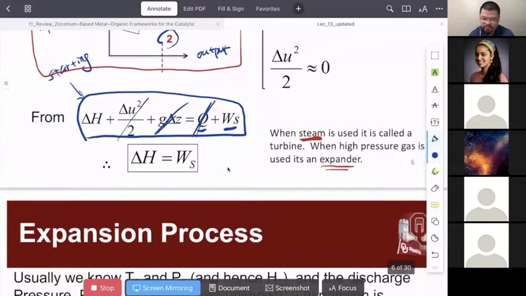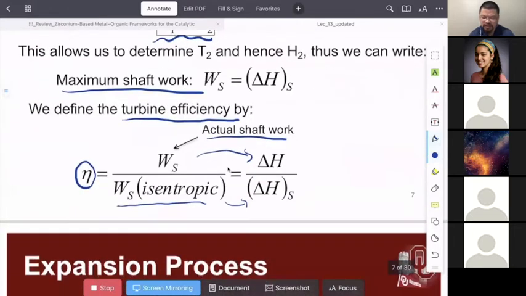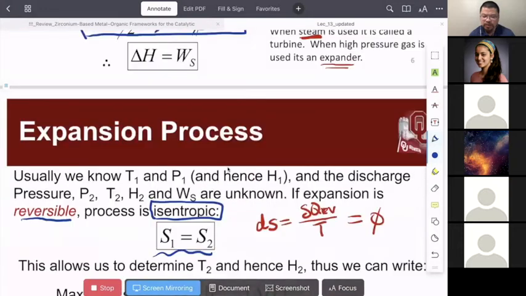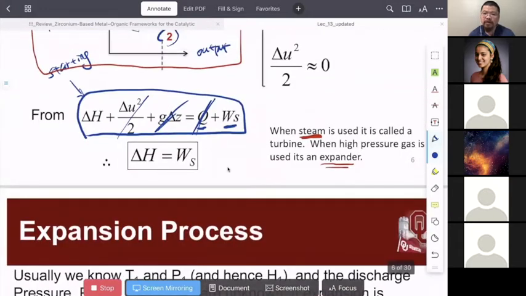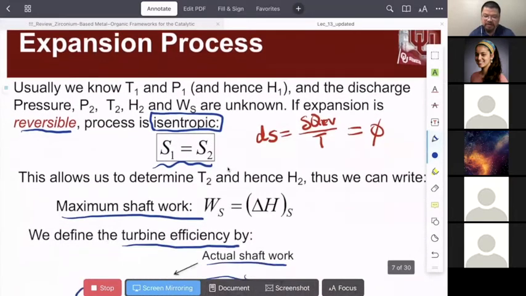Okay, so this is how we are going to look at the turbine efficiency by the actual enthalpy exchange from the inlet and the outlet. You can see that we don't have too many complicated equations over there, but the process will take some time to have a good understanding of it.